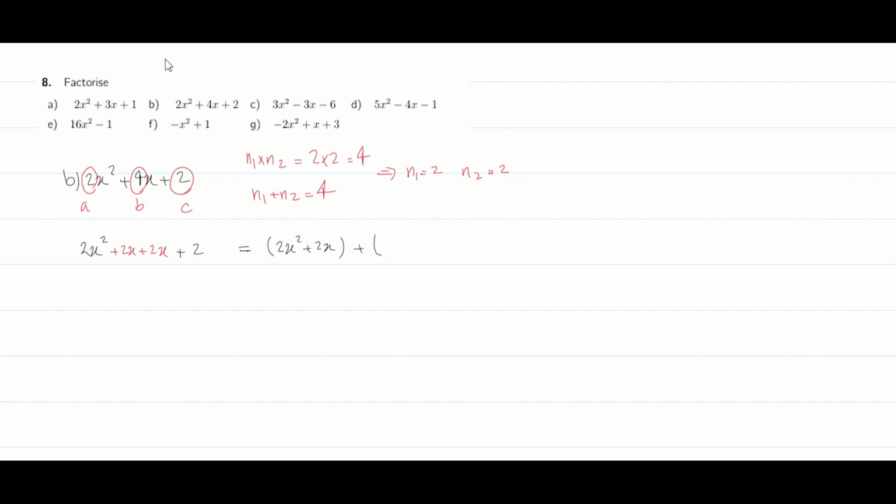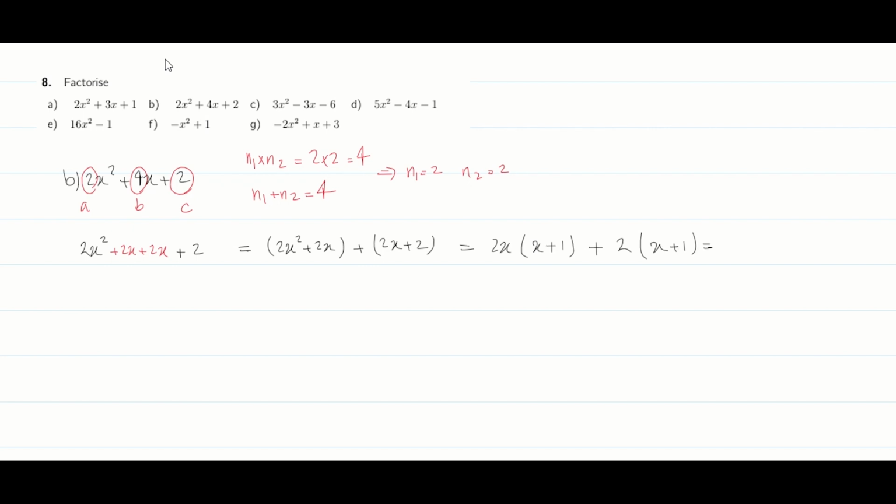And we're going to group the last two terms together as well. Now what we can do, we can factor out the common factors from each bracket in here. So for the first bracket, the common factor is 2x. So it can be written as x plus 1. And for the second bracket, the common factor is 2. So it can be written as 2 times x plus 1.